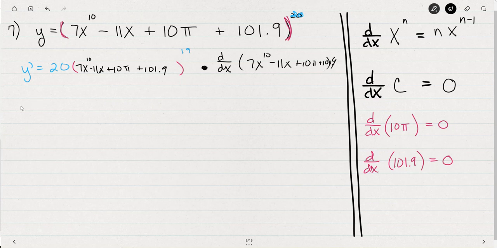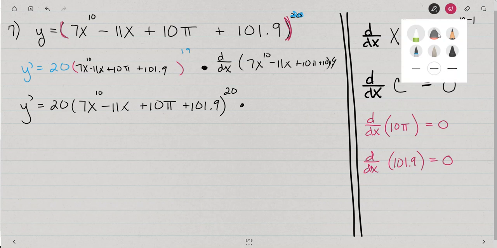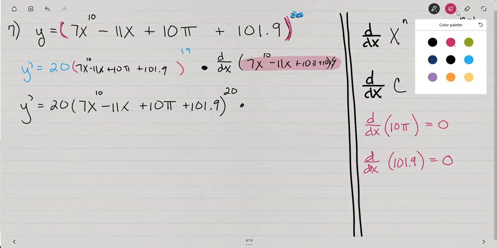So I have the derivative of y is 20 times the quantity 7x to the 10 minus 11x plus 10 pi plus 101.9 to the 19th, times the derivative of 7x to the 10th minus 11x plus 10 pi plus 101.9.